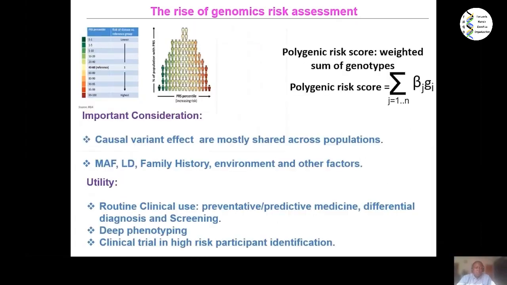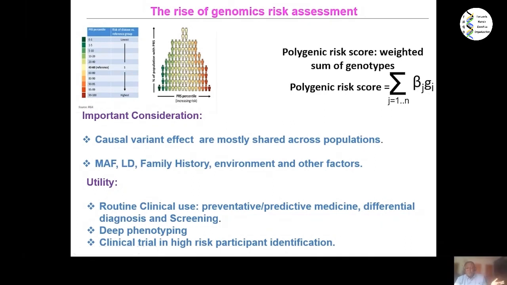So it's an important consideration, which we have to bear in mind, that causal variant effects are mostly shared across populations. And in the way we aggregate or sum up the small effects within an individual's genotype, the question is how you model these weights, the beta, which comes from GWAS summary statistics.